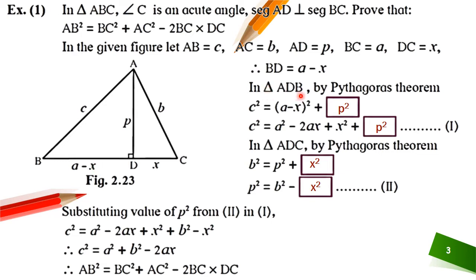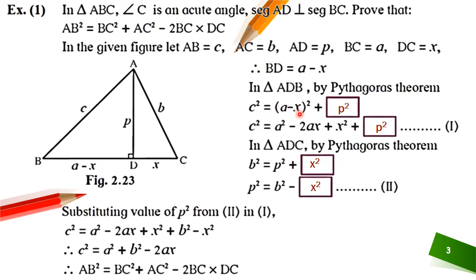Now in triangle ADB, by Pythagoras theorem, in this right angle triangle we can apply the Pythagoras theorem, and here the hypotenuse is of length c, so c square is equal to AD square plus BD square, that is c square is equal to (a minus x) square plus p square. It's like a fill in the blanks form.